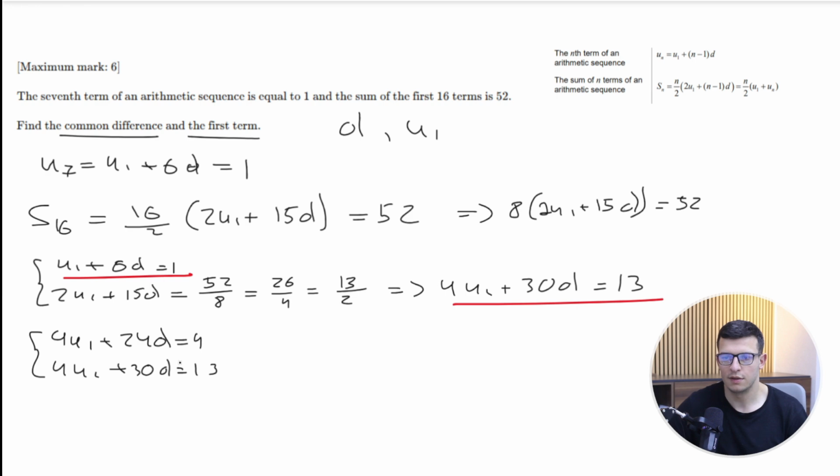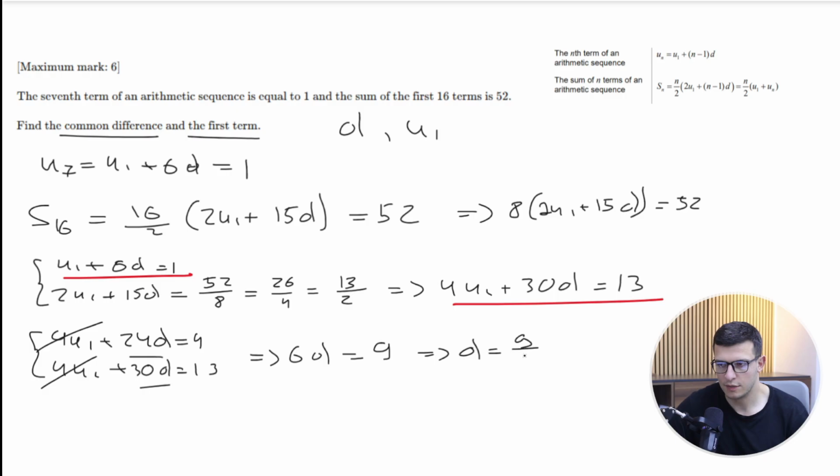If I subtract the first one from the second one, the u1s will cancel out. The second terms will give me 6d equal to 13 minus 4, which is 9. And d is going to be equal to 9 over 6, which is also 3 over 2, 1.5. So d is 1.5.